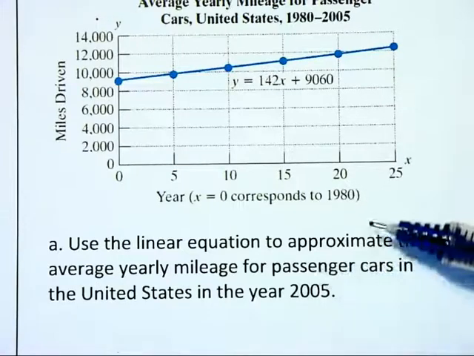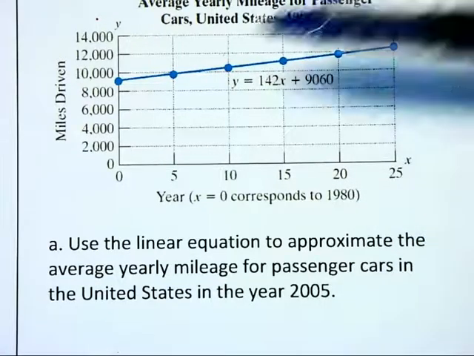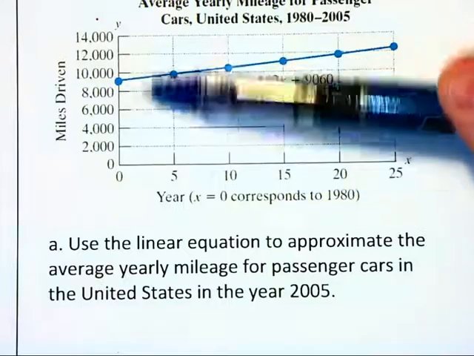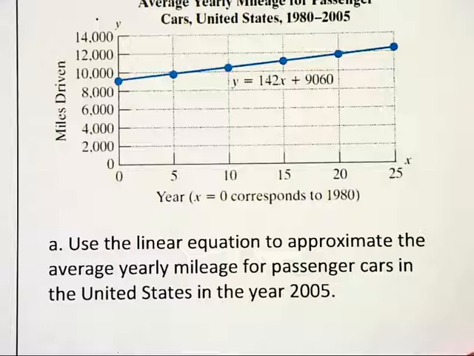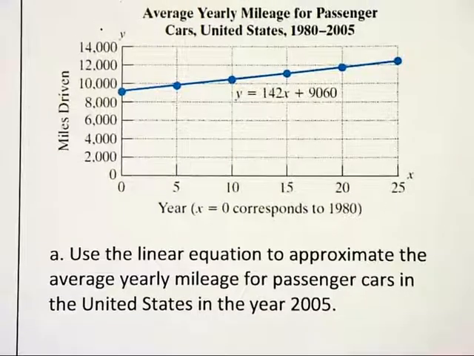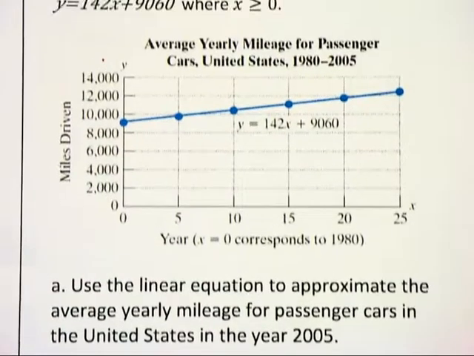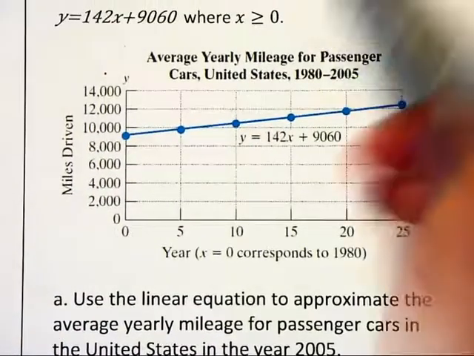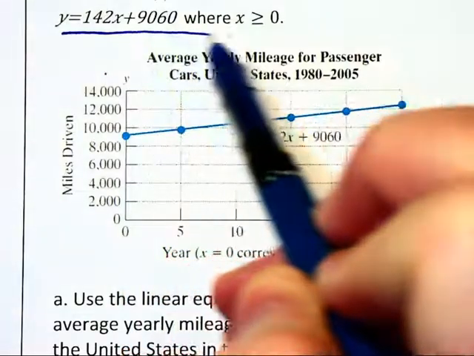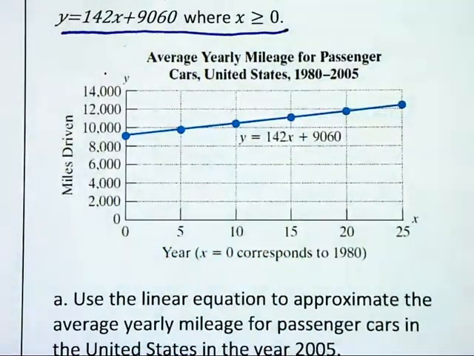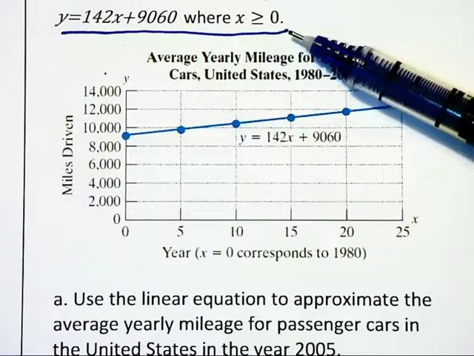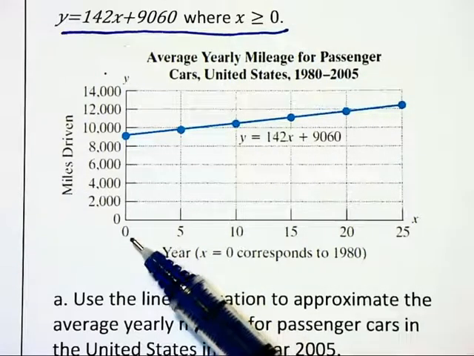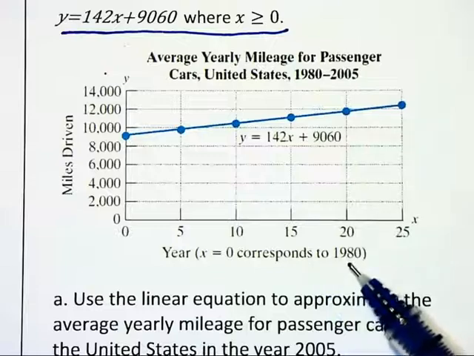Notice that they have labeled this upon the axis and the miles driven going up the side here. And you always want to look at your graph and the scaling before you go any further. And they were extra nice by giving you the equation of the line right here at the very beginning. They've even stated the restriction that x must be greater than or equal to 0. In other words, this model does not work for years before 1980.